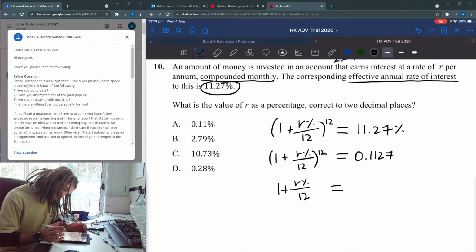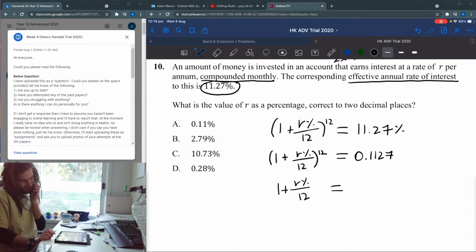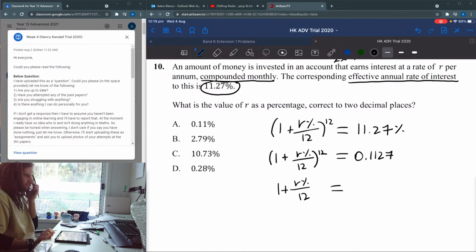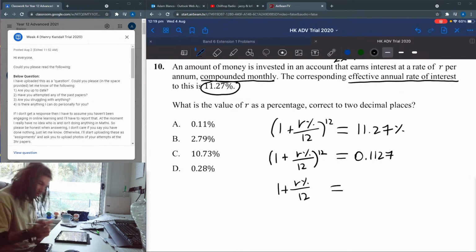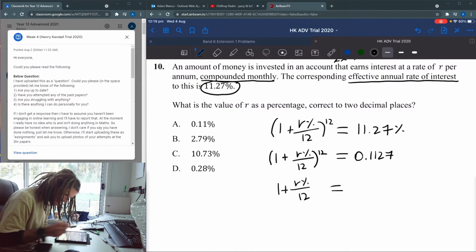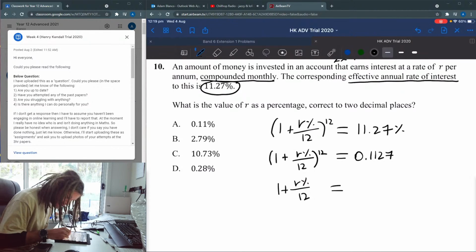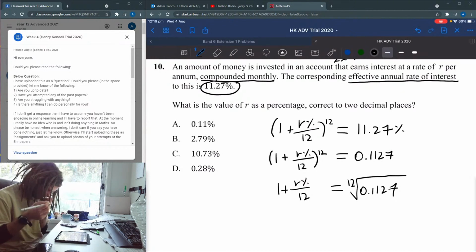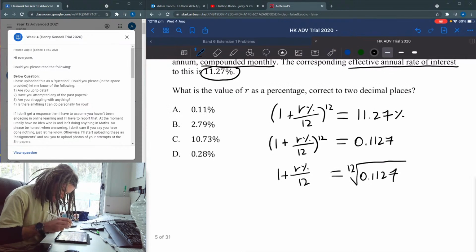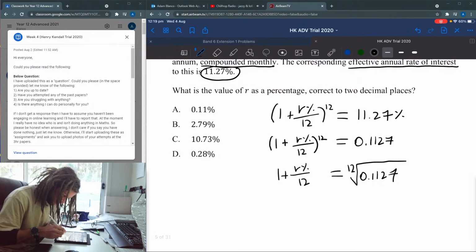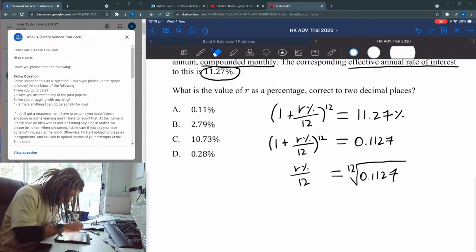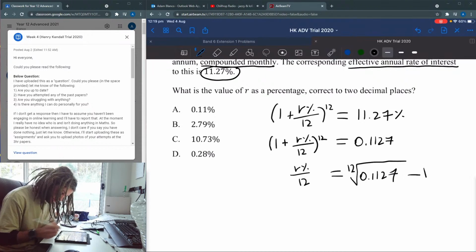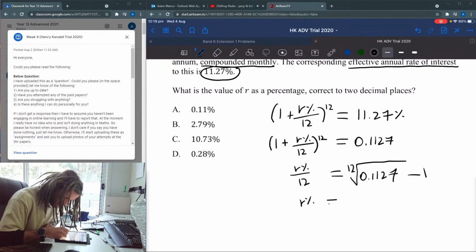I don't want to take the log base 12, that's kind of gross. Oh no, what am I thinking? It's to the power of 12, so I take the 12th root. I had logs in my head then for some reason. Let's leave this exact. So I'm going to take away 1, and then I'm going to times by 12. So r% is equal to 12 times the 12th root.